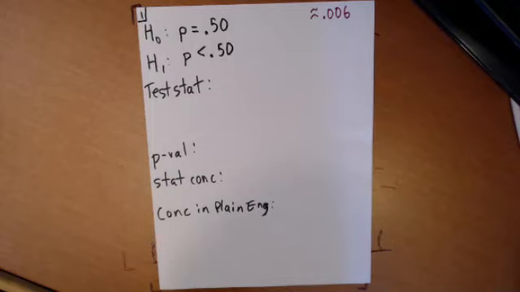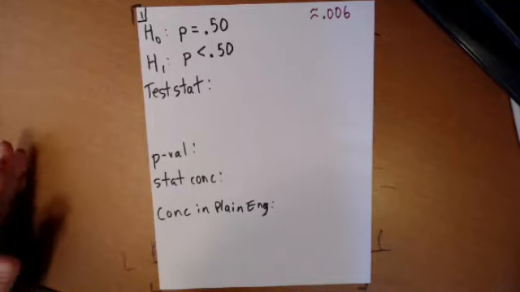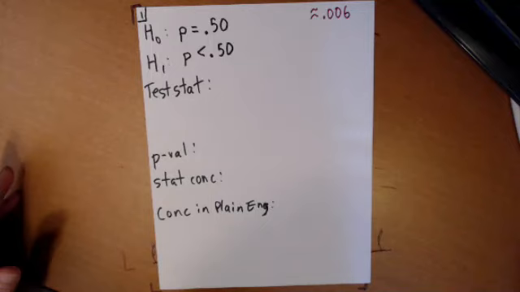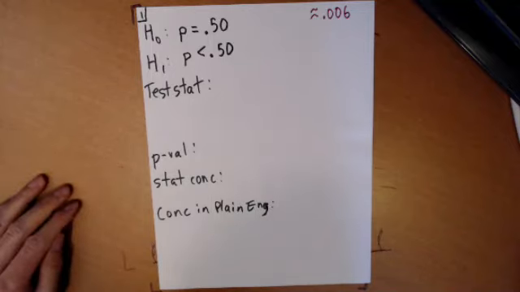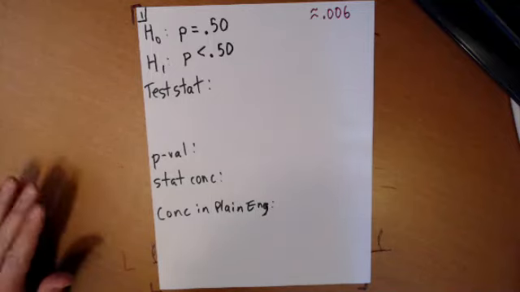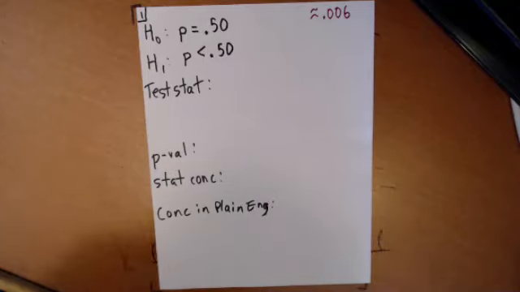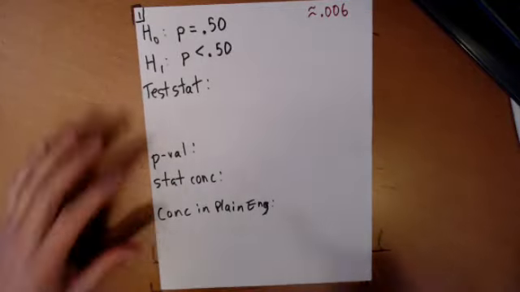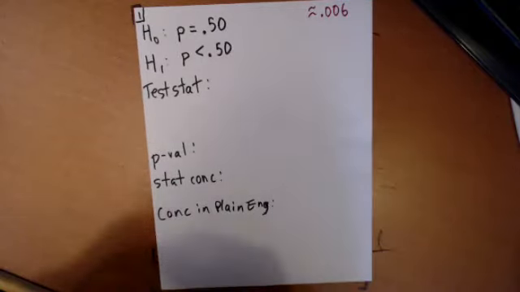We could change that. That is our significance level. They say our significance level is 5% or alpha 0.05. So that's what alpha or significance level represents.